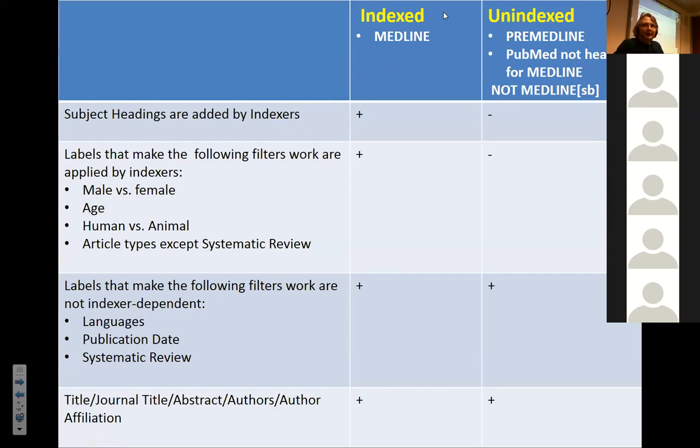So the indexed part, or Medline, has subject headings, and it has all those handy tags, I think of them as: male versus female is indexed, age is indexed, human versus animal. All those article types except the systematic review filter depend on indexing. So if you limit to randomized controlled trials, you're only getting indexed articles.